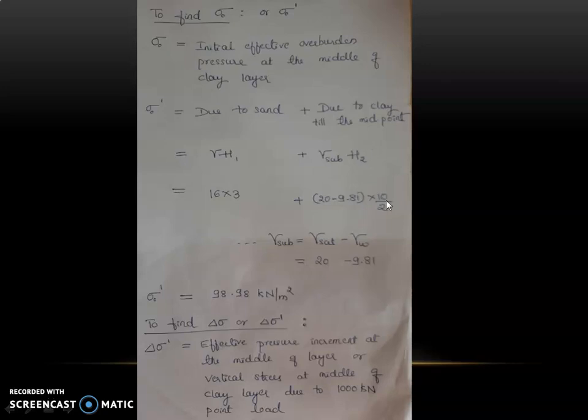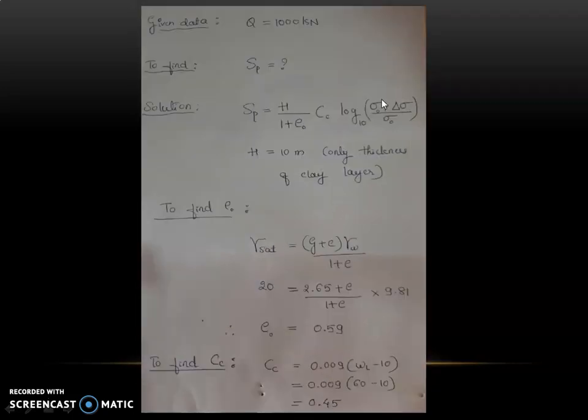And H2 is 10 by 2 because we are finding out sigma naught at the midpoint of the clay layer. So once we calculate, we get sigma naught dash as 98.98 kilonewton per square meter. So we have found out sigma naught from this equation which was not known.